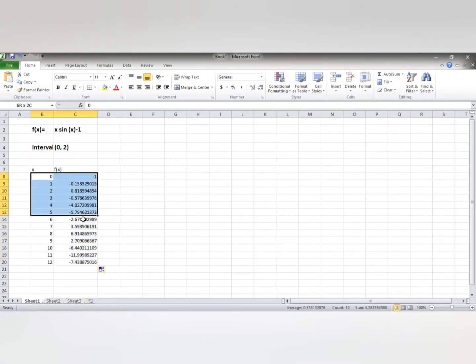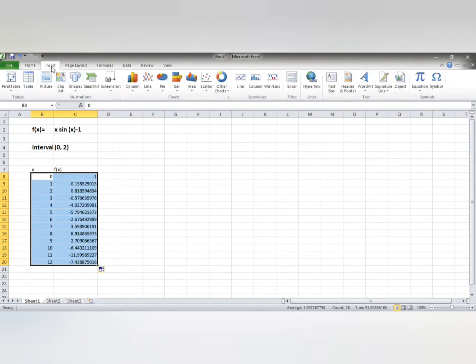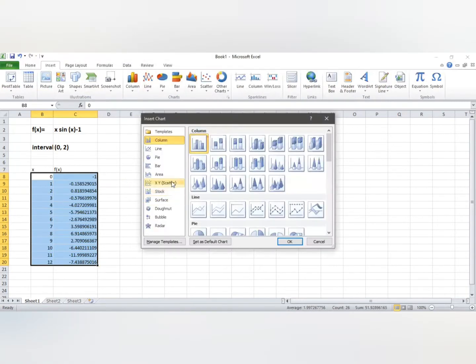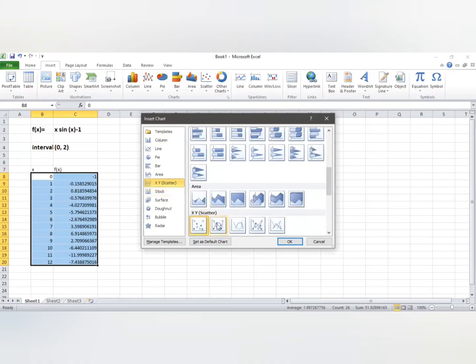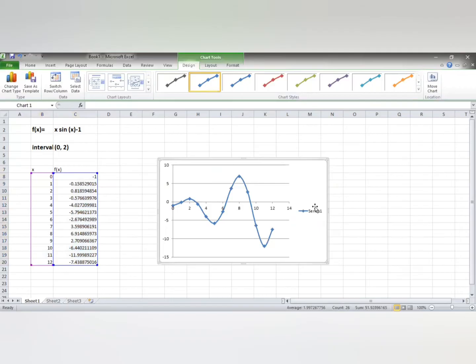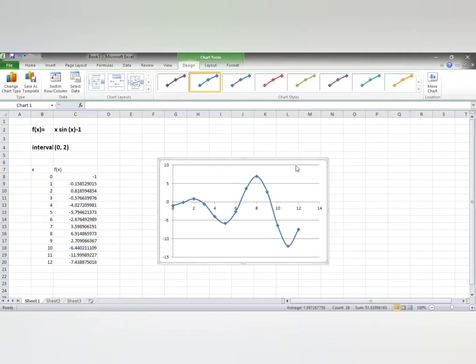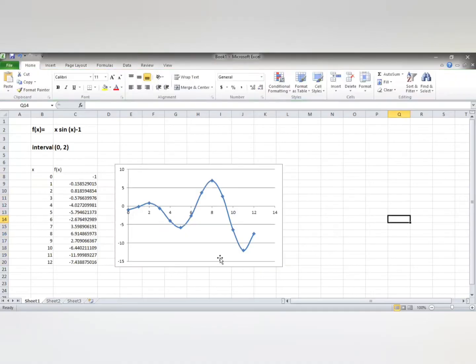From here, I need to plot this. Insert, then all chart types, then I will use scatter plot x and y. So this is what the function looks like.